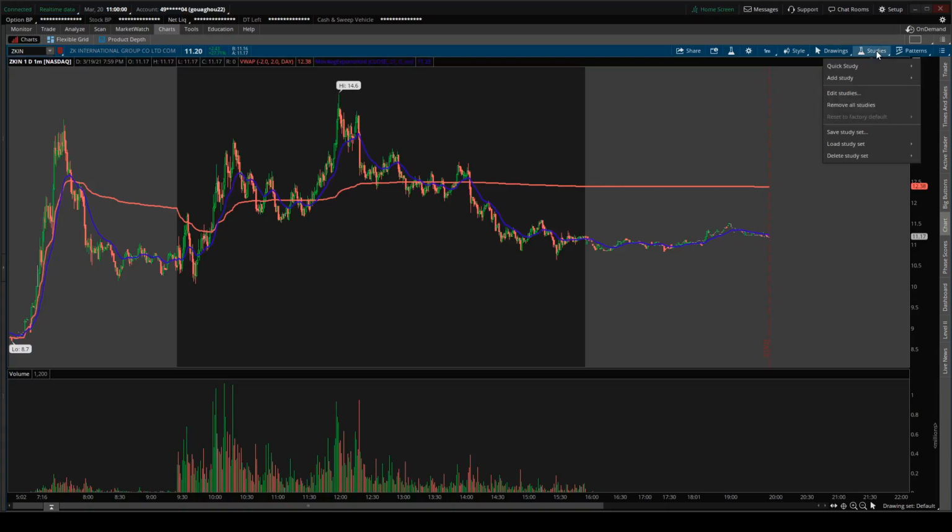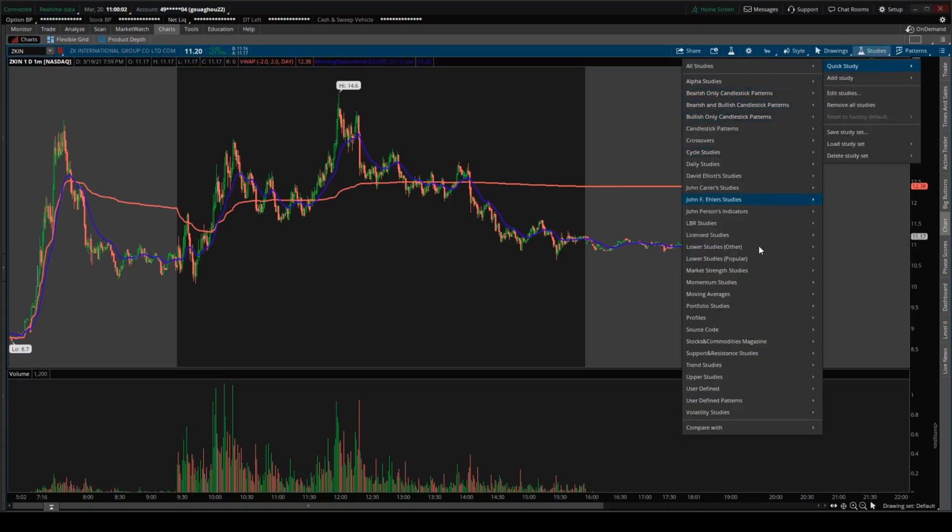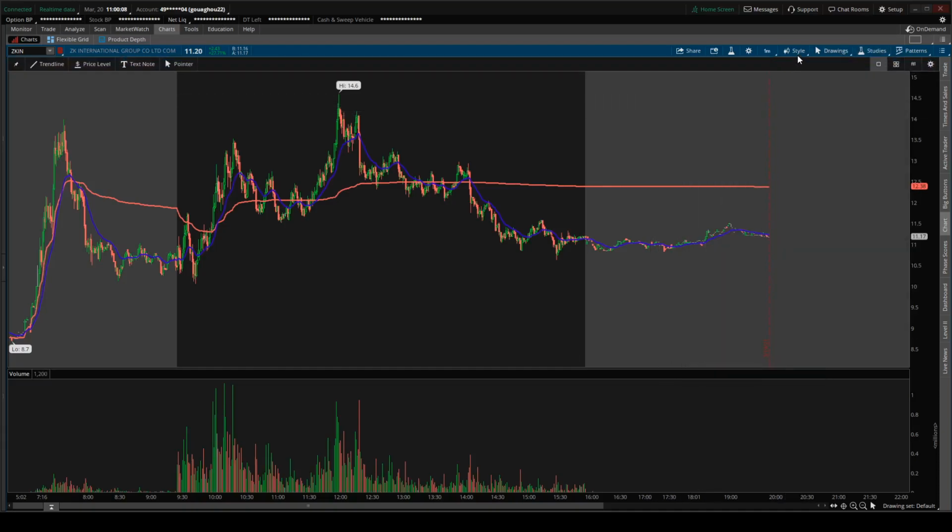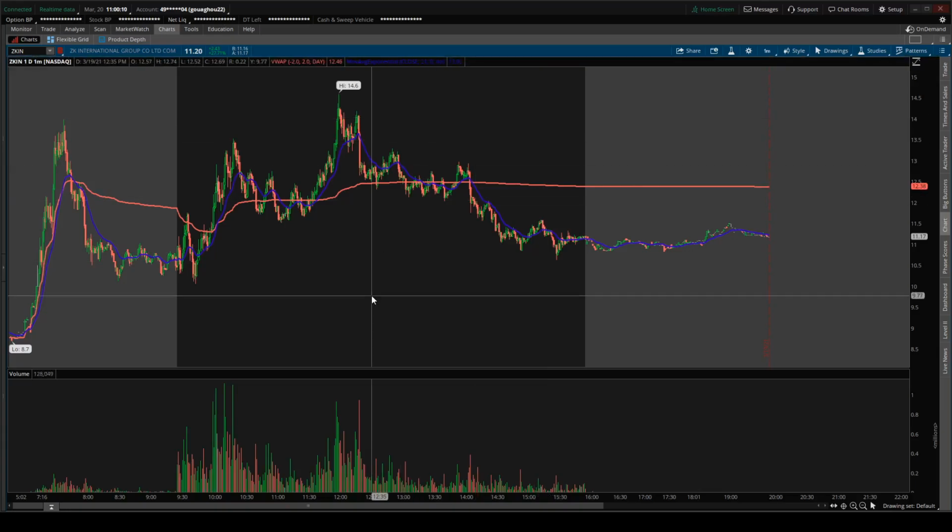The platform has many indicators and many studies that you can use, so it's up to you. The only thing I use is price action, the VWAP, and the volume.